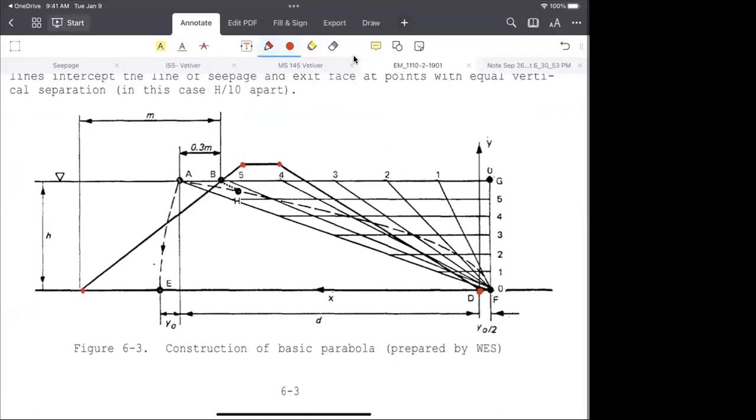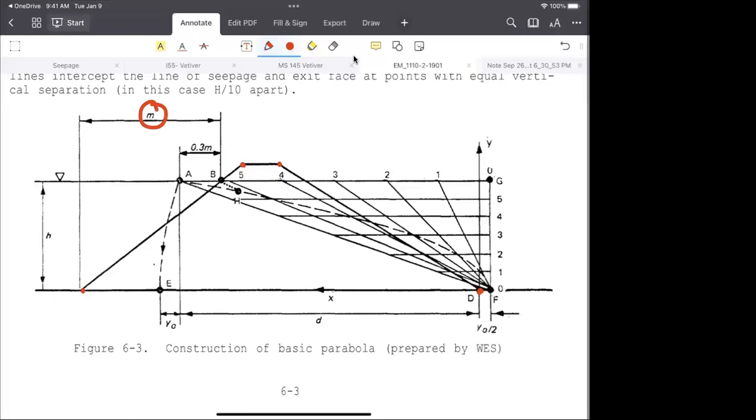What we have to do, from this point, is first calculate the M.